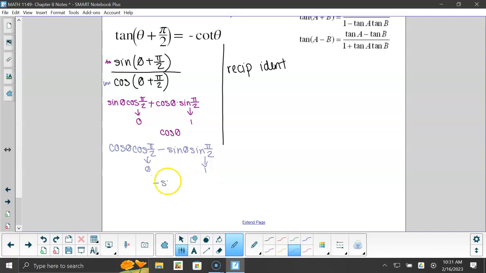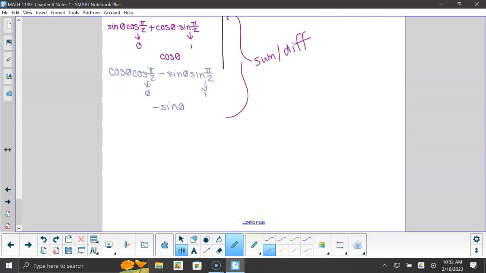So this simplifies down to just being a negative sine of theta. And all of these steps here are some difference. So what am I left with when I put it all back together? Yep. Cosine of theta divided by negative sine of theta, which is negative cotangent of theta. Yay, we're done! All of the notes in one day.